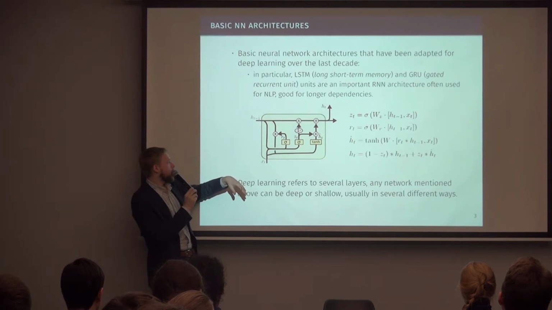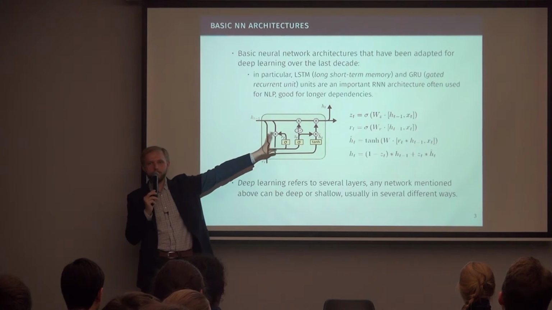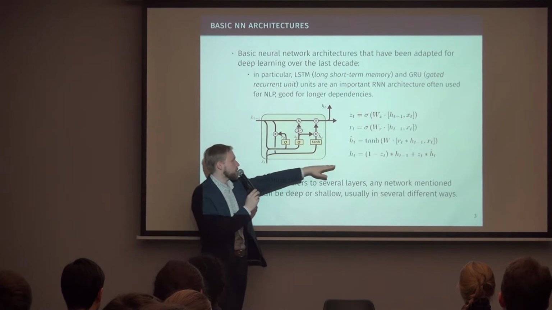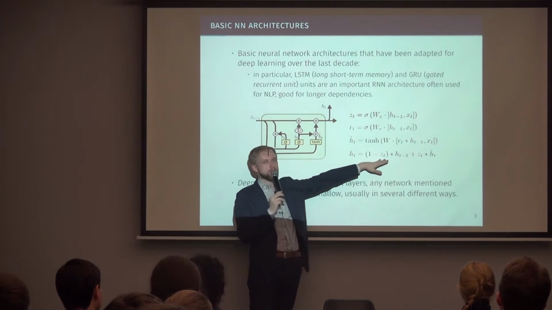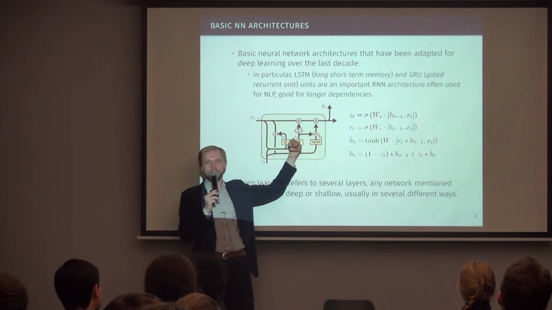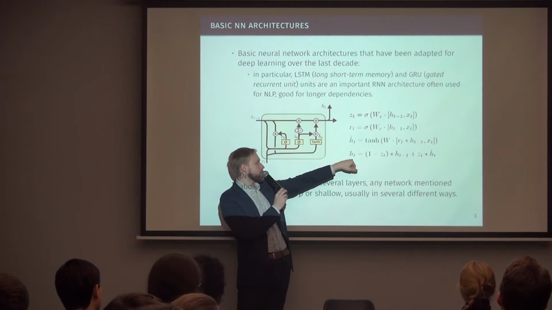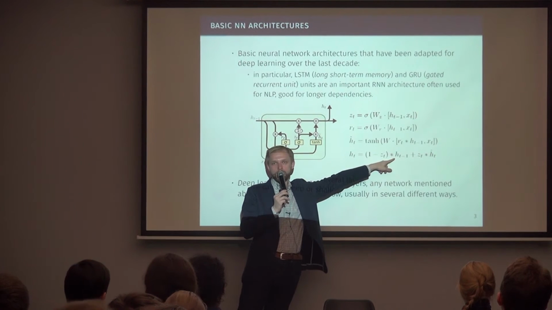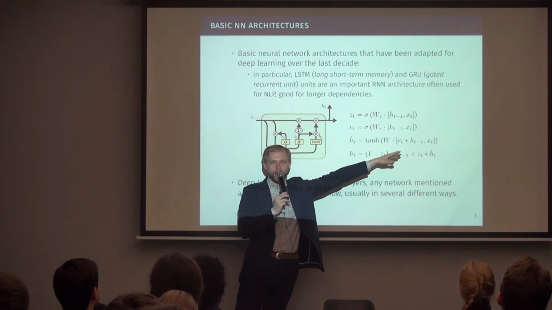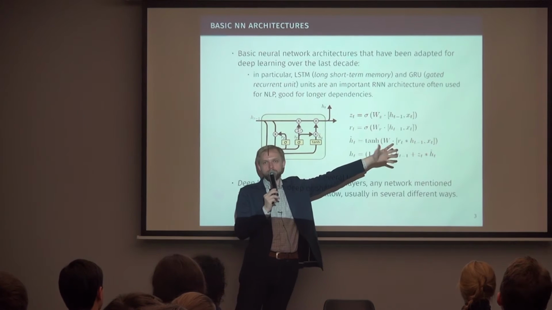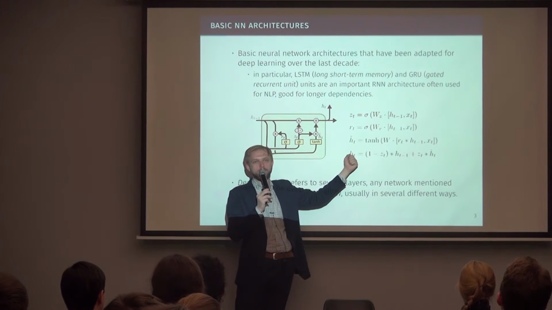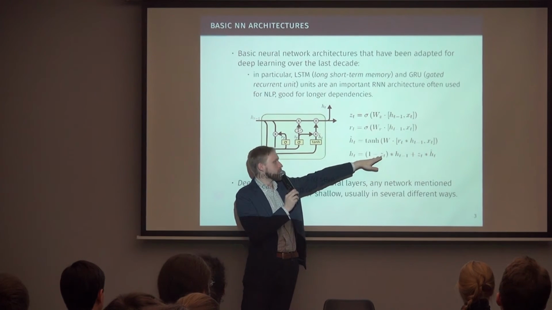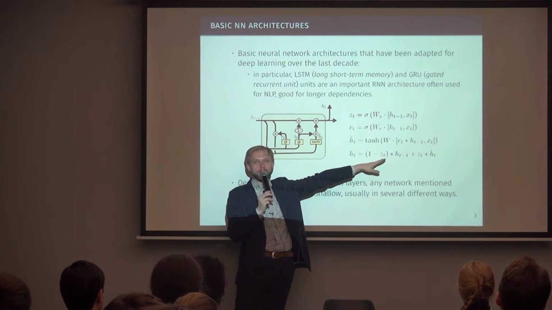If you just look at how the hidden state changes from time to time in a gated recurrent unit, you will see that basically it is exactly the previous state plus something new, where whether the something new is actually replacing the state depends on this gate, and I will not explain this in detail.